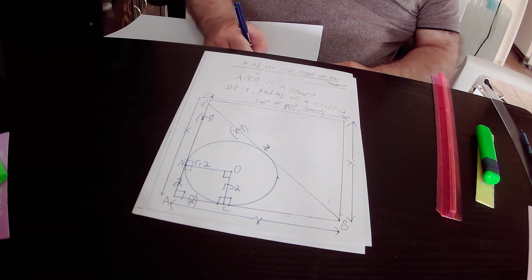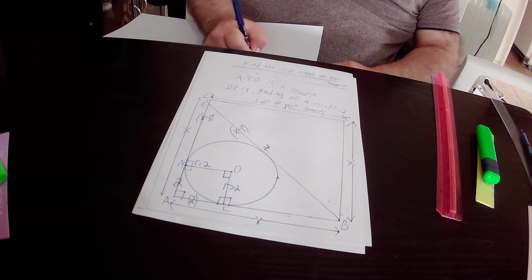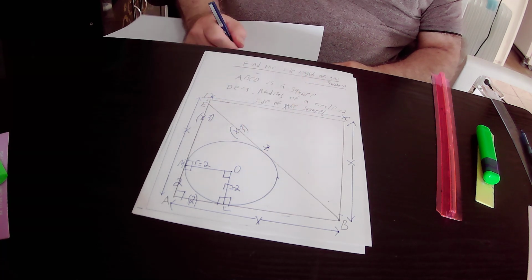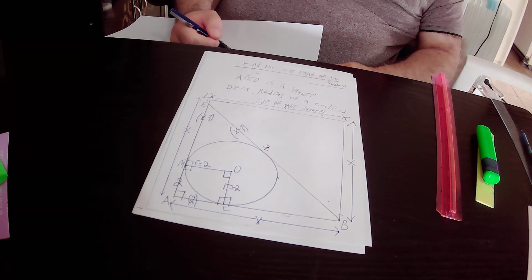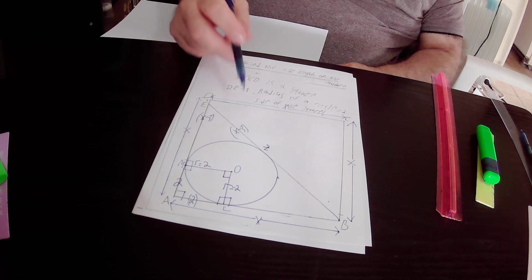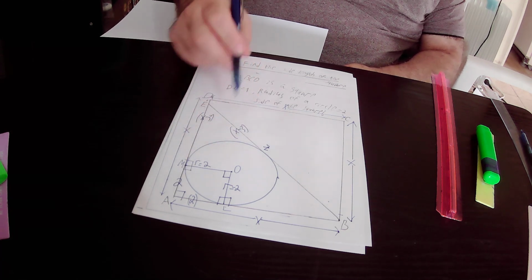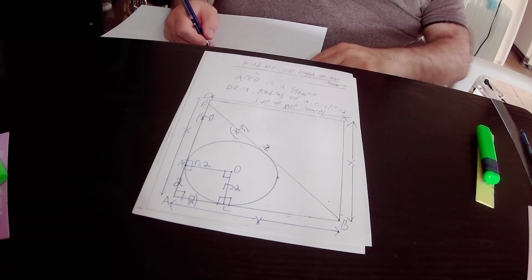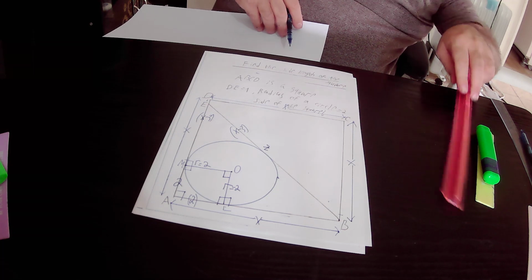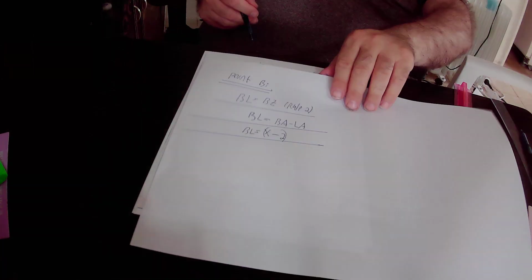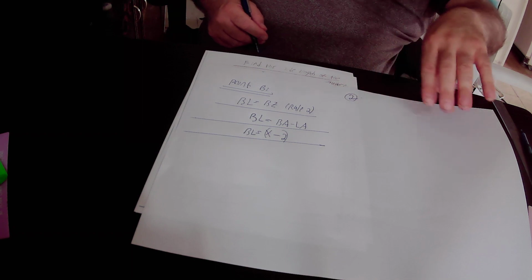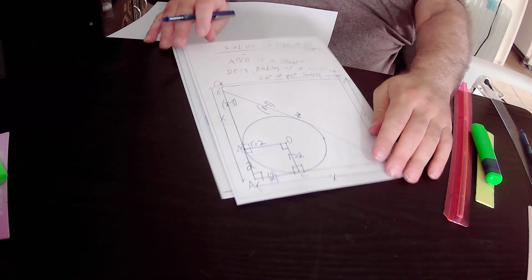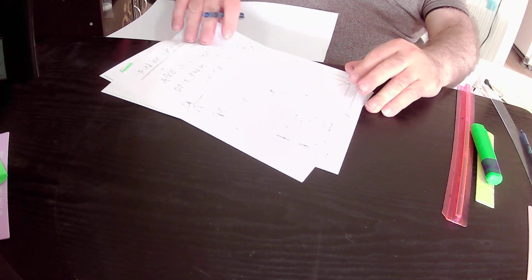So the tangent BL equals, in its length, BA. BA equals X according to our definition, minus LA. LA equals 2 units according to what we have already found out. So, in conclusion, we found out that BL equals X minus 2. Yes, we can write here that BL equals X minus 2.